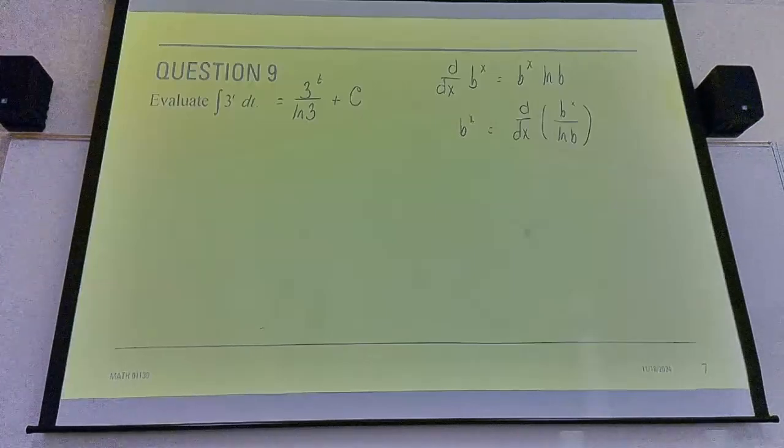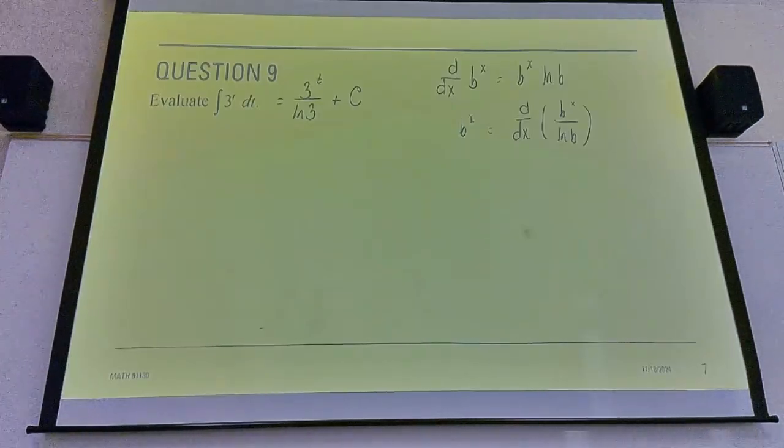So there's another known antiderivative. Do we know the stuff we need to know to find it? You said there's another known antiderivative. So now we know the antiderivative of b to the x, the general exponential.